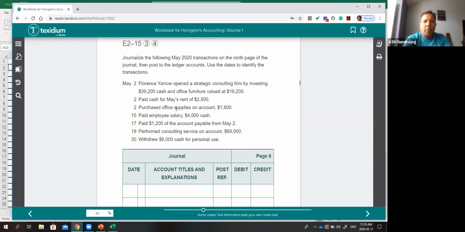on May 15th, we paid employee salary of $4,000 by cash. Now, salaries is again an expense, so we would claim the debit, which is salaries expense, first, and then we would credit the cash, meaning reducing the cash.